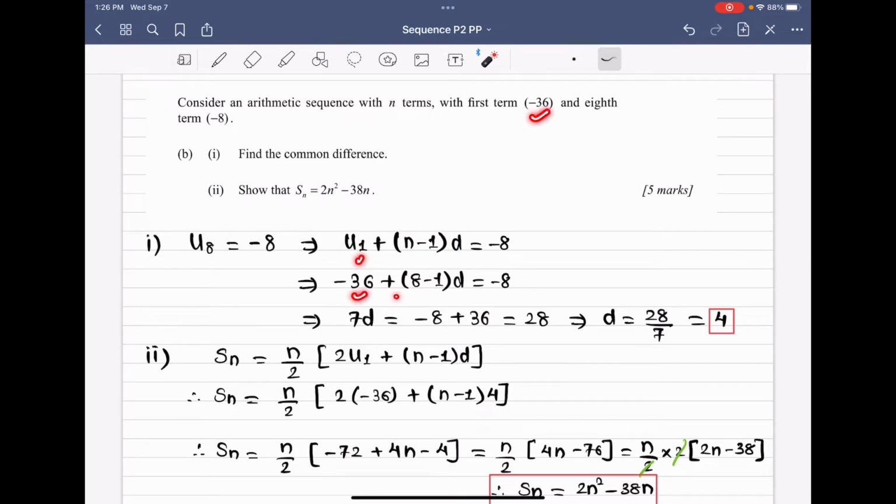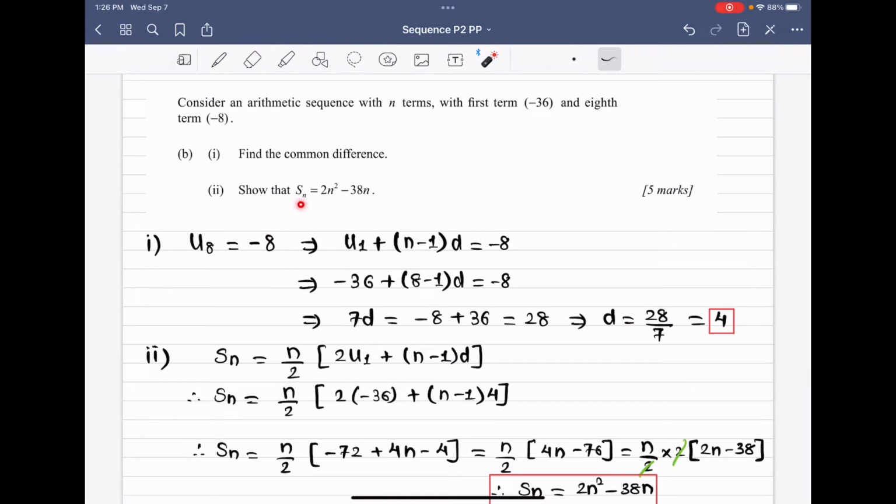Negative 36 plus 8 minus 1 times d is equal to negative 8. 8 minus 1 is 7, 7d is equal to, taking negative 36 to the other side, negative 8 plus 36, which is 28. Divide both sides by 7. The 7 gets cancelled, so d is equal to 28 over 7, which is basically 4. So this part is done.